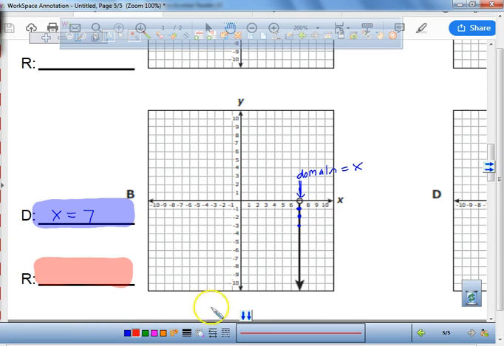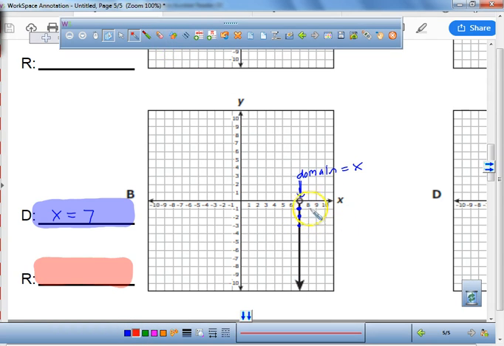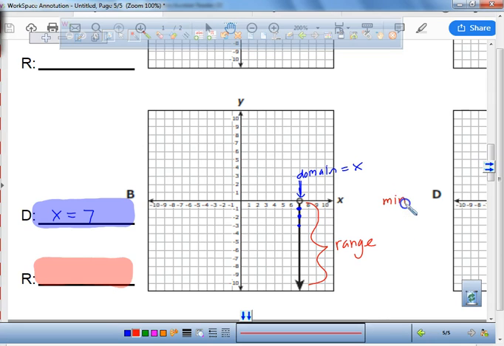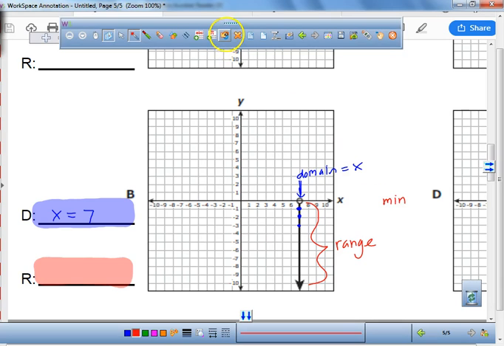Now the range deals with my y values, right? So right here, this section is called the range of the graph. So what is my minimum value? Not minimum. Maximum, sorry. What's my maximum value and what's my minimum value? What would we say my minimum is going towards? Negative infinity, right?